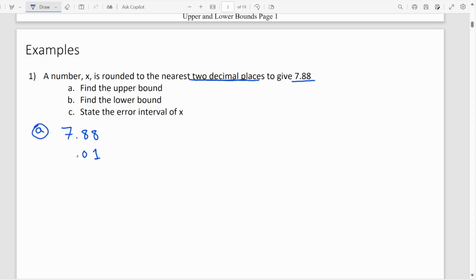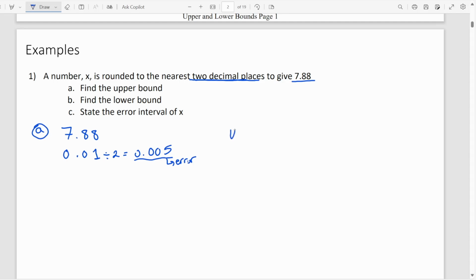So this is 0, this is a point, and this is 0. So it's 0.01. This is my unit of round. And now I want to find the error, so I divide it by 2. We get 0.005. And this right here is my error.